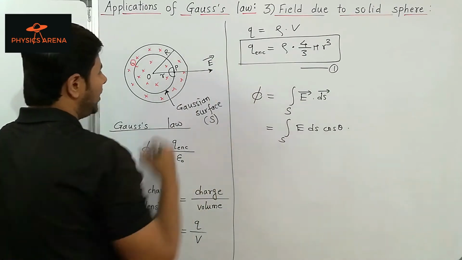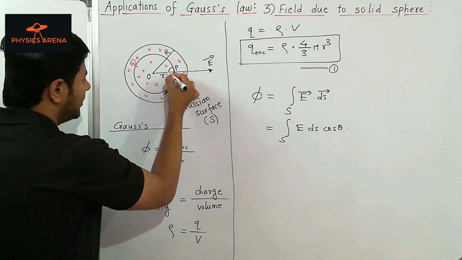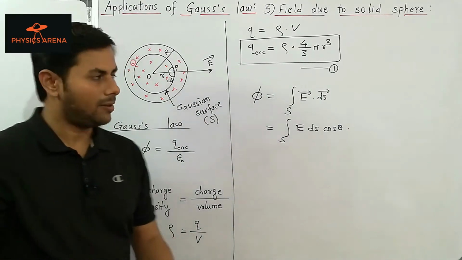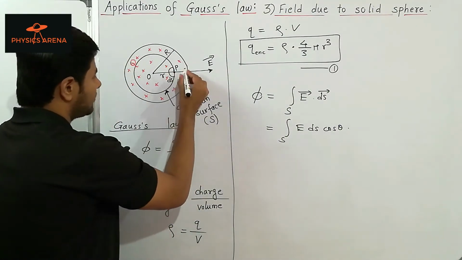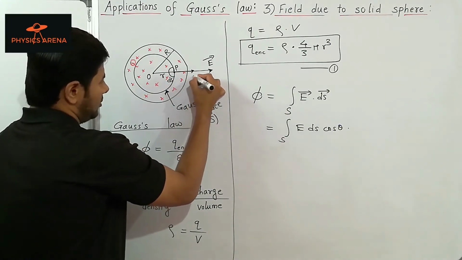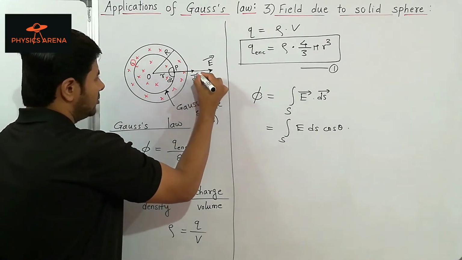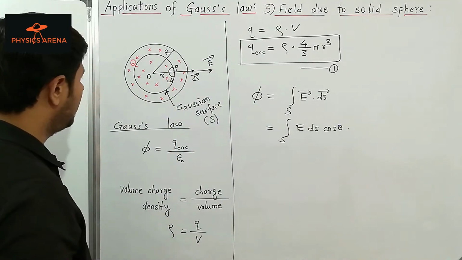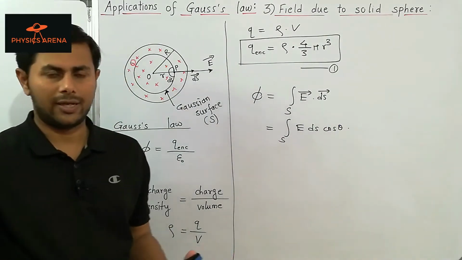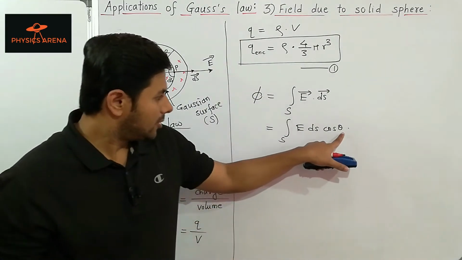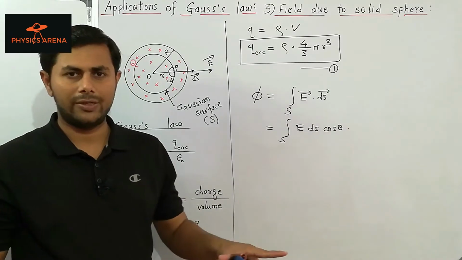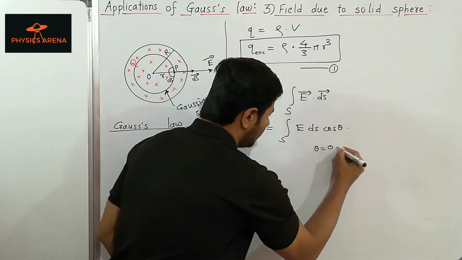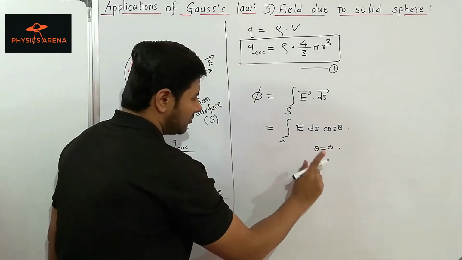So this is our E bar, and if we take this small surface ds surrounding the point P, then ds bar is perpendicular to the plane of that surface. So ds bar and E bar are again in the same direction. So theta is 0, the angle between ds bar and E bar is 0, and therefore cos theta is 1.